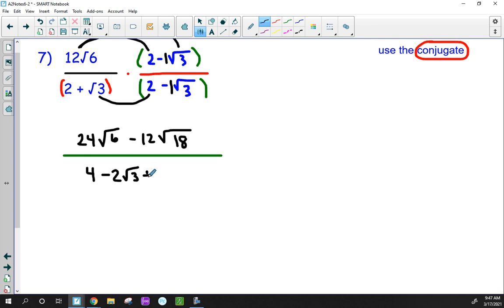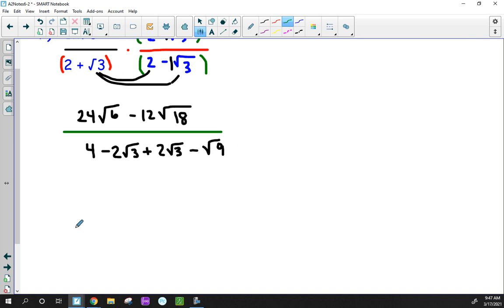It's going to be a positive 2 radical 3. And then last is going to be this positive radical 3 times negative radical 3. Positive times negative is negative. 1 times 1 is still 1. Square root of 3 times the square root of 3 is square root of 9. But that does simplify. Okay, we'll take care of that in the next step.